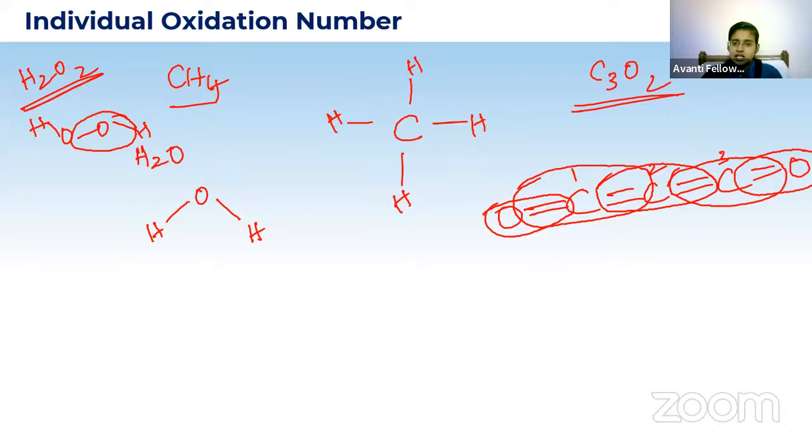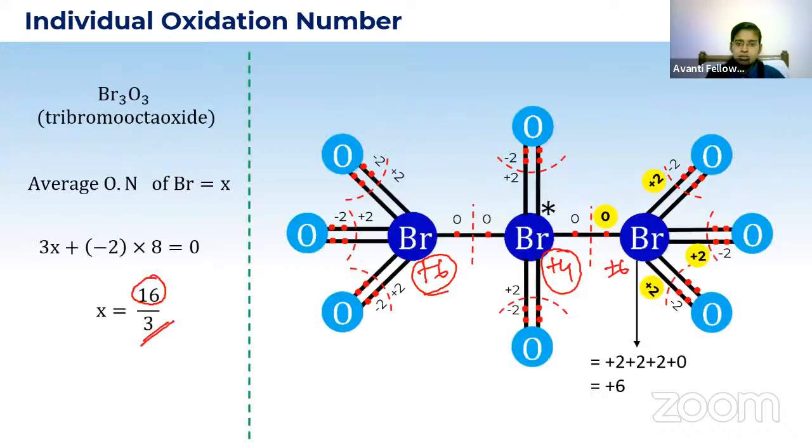Yes. Okay, coming to Nandini's question, ma'am, in Br3O3, in its structure, how will we get O6? It is not O6, my dear, it is O8. Oh my God. Sorry, I have made a mistake. It is Br3, it is not O3, it is O8. Dear students, sorry for this.